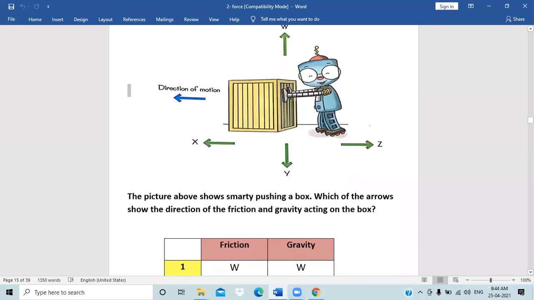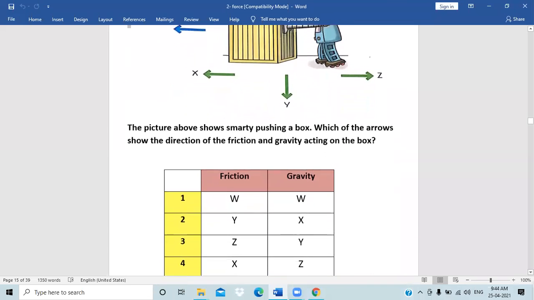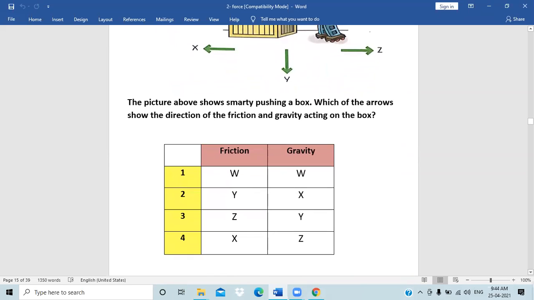So where is the choice that is telling us that the gravity is Y? 3 also. 3 again. So this means which one of those choices is the correct choice? Number 3. Okay, do you understand it now? Yes. Okay, you're welcome, dear.